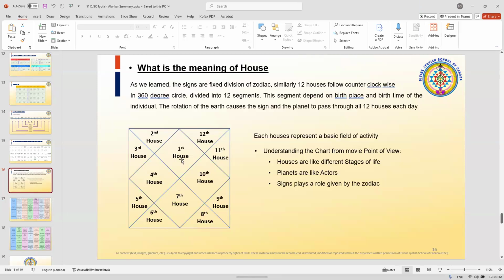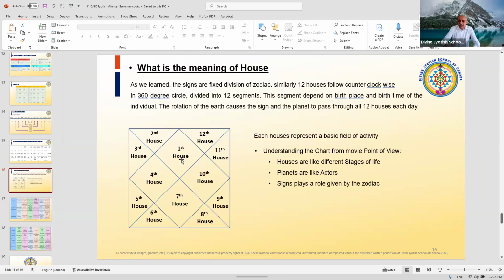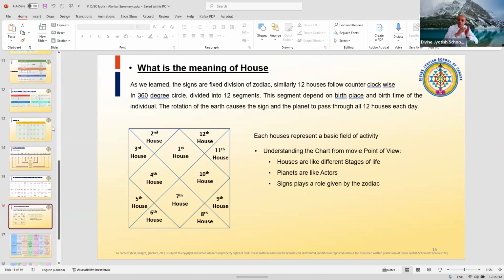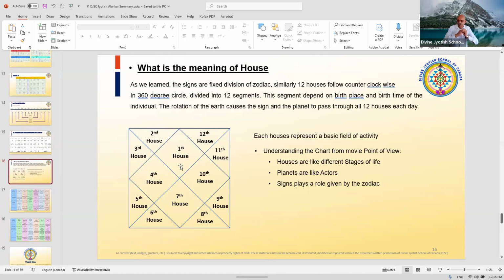Let's say I'm a Mithun Rashi. So which house is mine? That's why Kunalji asked what is the difference between Rashi and house, bhav. Mithun Rashi is the Rashi which comes in the zodiac at the time of your birth, where the moon is sitting in your chart.